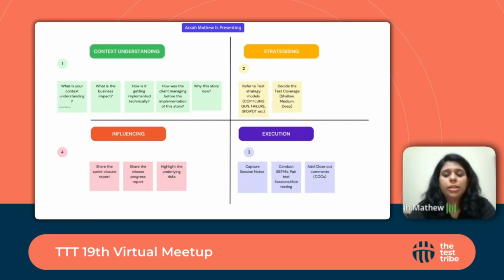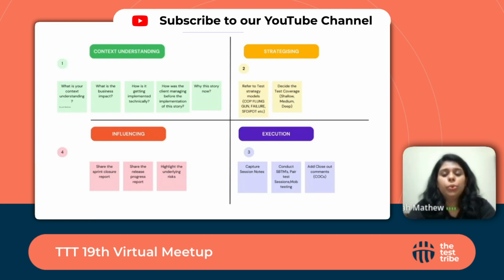Then comes strategizing. Now that we have the context understanding and the answers to all five questions, we move into strategizing the testing. How do we do that? Based on the understanding about the user story or the epic, we come up with test charters.